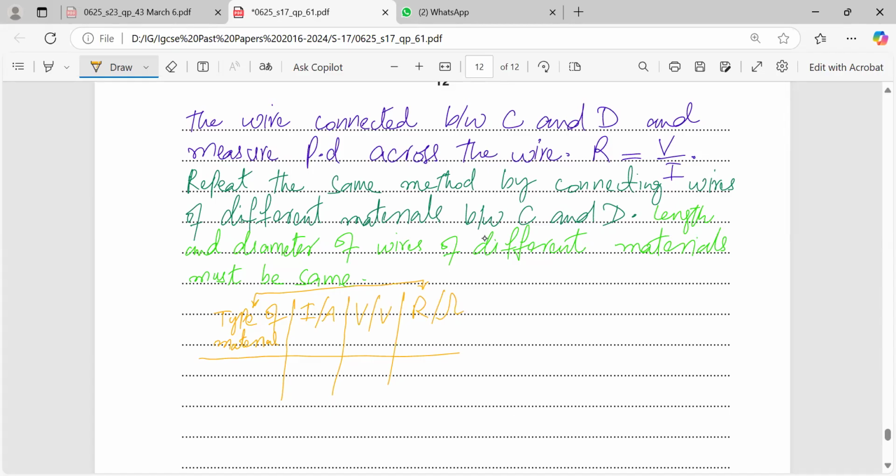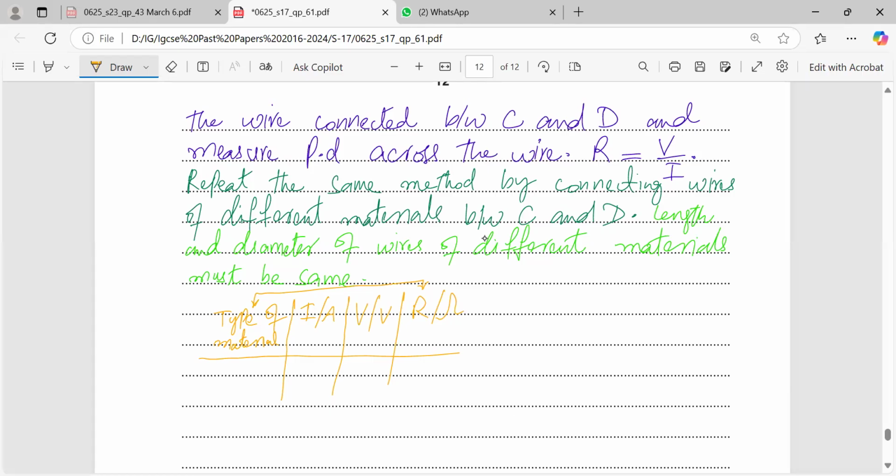Of course, resistance is not directly measured, so the ammeter value means a current column should be there, and the voltmeter value means a voltage column should also be there. In this case they did not say how to reach a conclusion, but if they had, we cannot say here to plot a graph of type of material against resistance. Why?